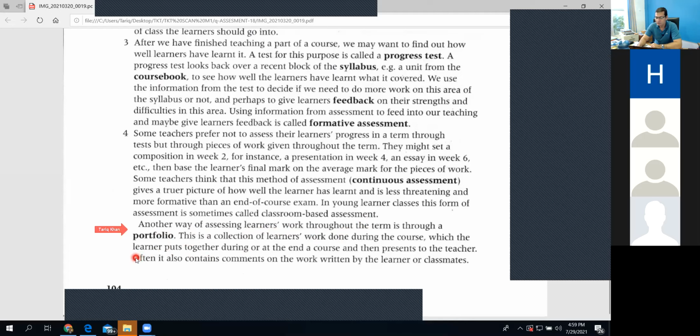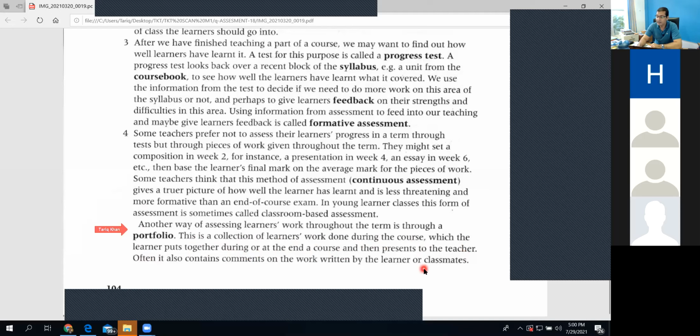I didn't hear. Yes, sir. It's like a collection of work. Yeah, which is throughout, it's done by the student itself. Okay. So this is a collection of learners' work done during the course, which the learner puts together during or at the end of the course and then presents to the teacher.